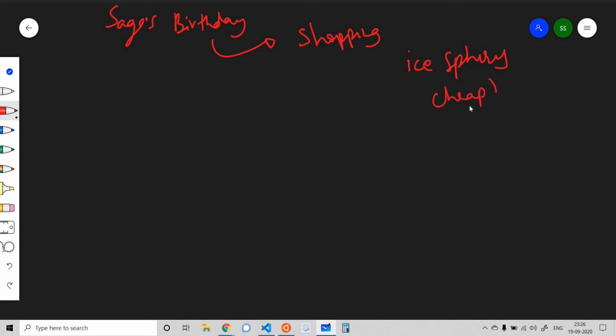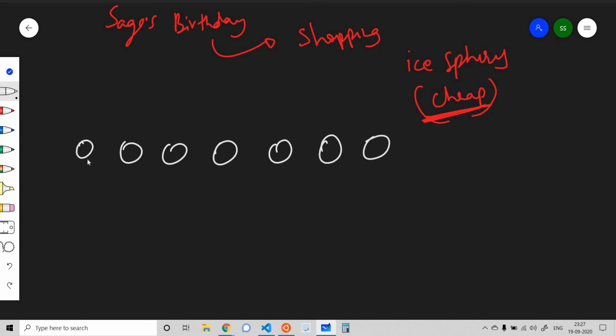So we have been given an array of integers, and these values represent the price corresponding to each ice pair, that is pi, and Sage will only be buying the ice pair which is cheap. And how will we find whether an ice pair is cheap or not?